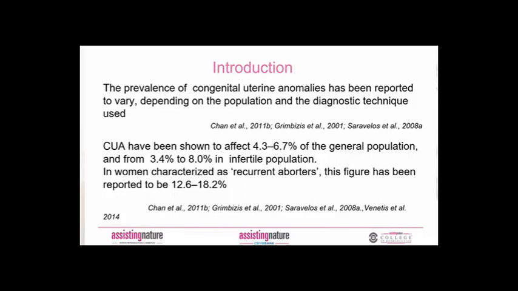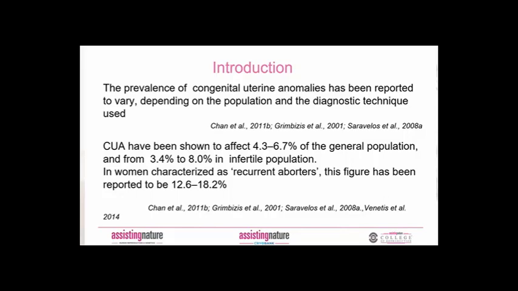The prevalence of congenital uterine anomalies has been reported to vary depending on the population and the diagnostic technique used. CUA have been shown to affect 4.3 to 6.7% of the general population and 3.4 to 8% of the infertile population.